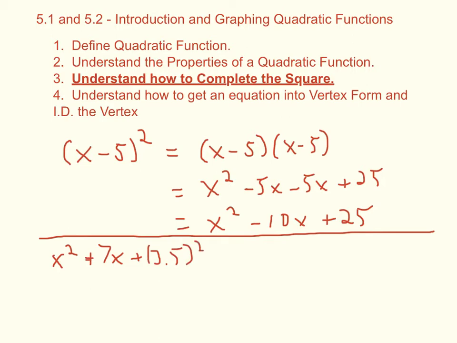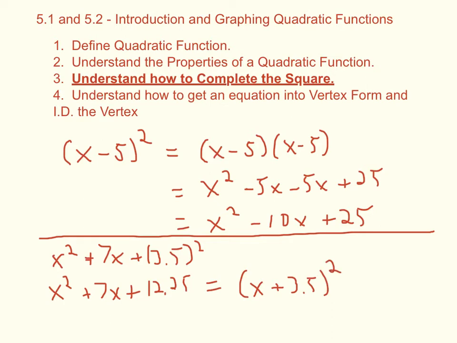Now, as all of you know, 3.5 squared is 12.25. Okay. So x squared plus 7x plus 12.25 equals x plus 3.5 quantity squared.